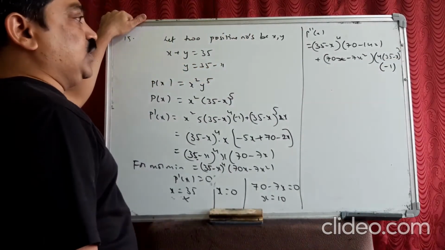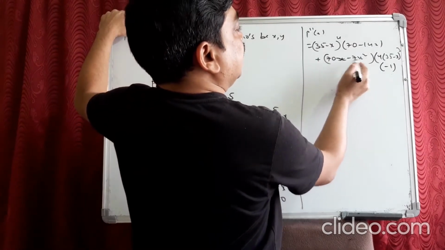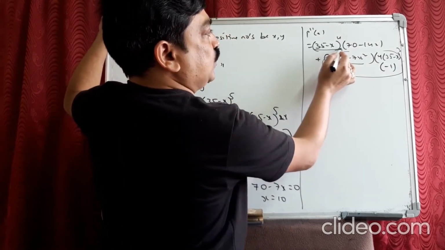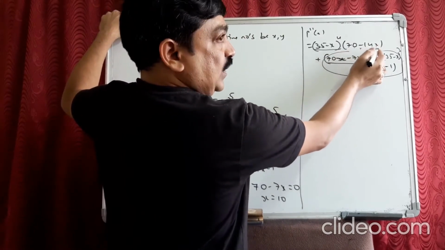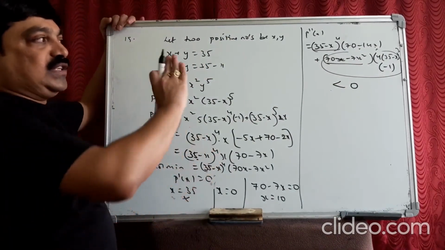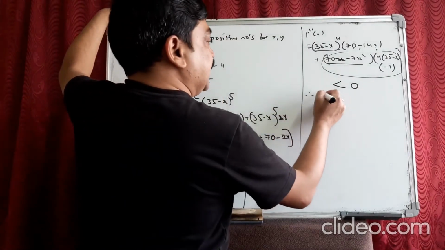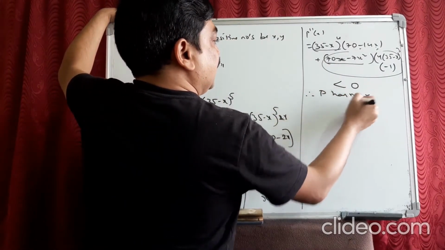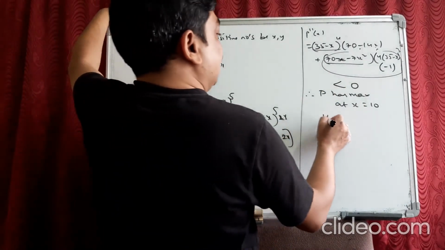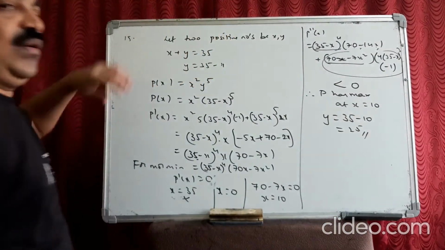When you substitute x as 10, the first part becomes 0, the whole thing becomes 0. The other part becomes positive into 70 minus 140, so it is negative. You don't need to substitute, you can just check whether it is negative or positive. When it is negative, P has the maximum at x is equal to 10. When x is 10, what is y? y equals 35 minus 10, y is 25.